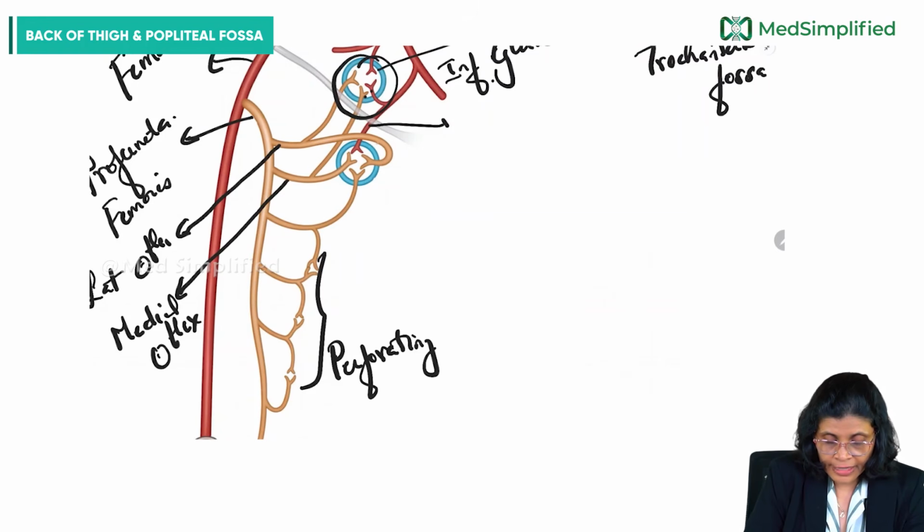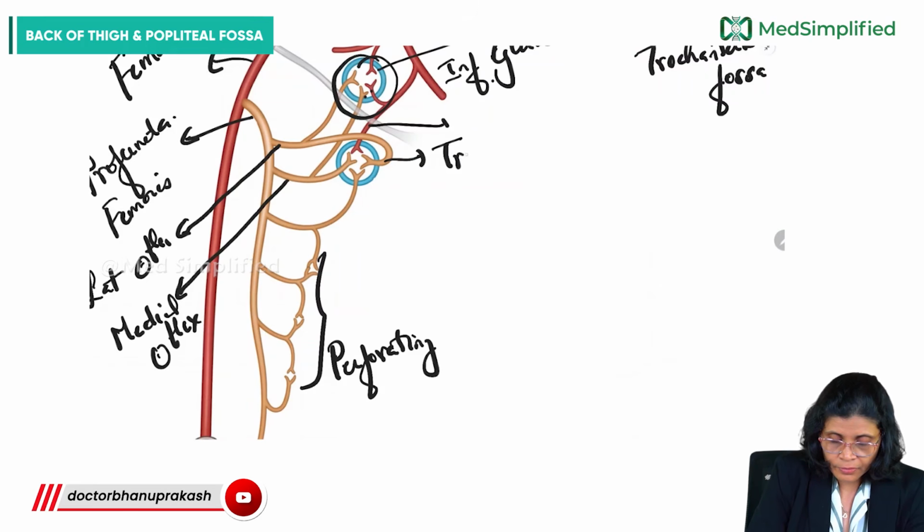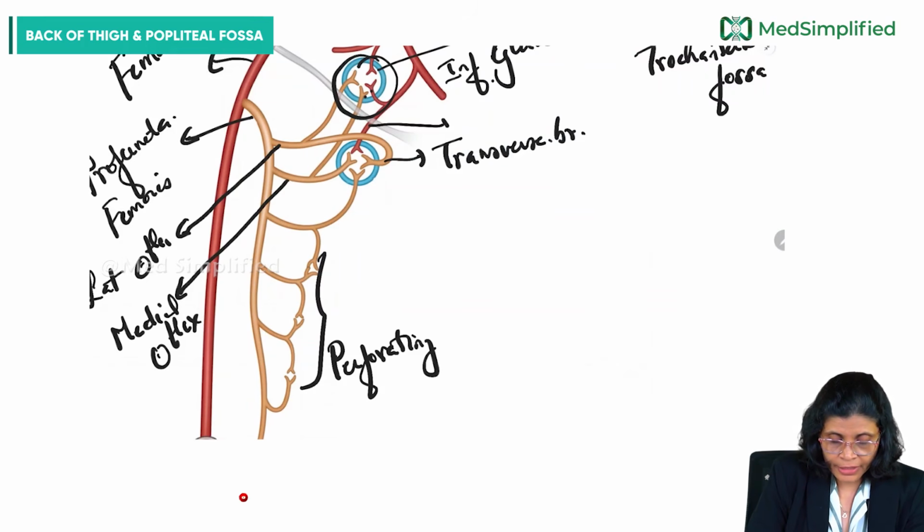Then we are seeing the transverse branch. This is the transverse branch of lateral circumflex. Then we have the transverse branch of medial circumflex.